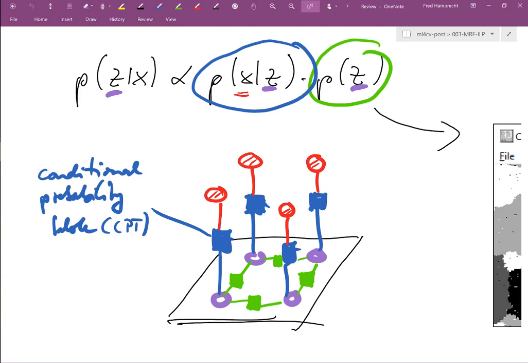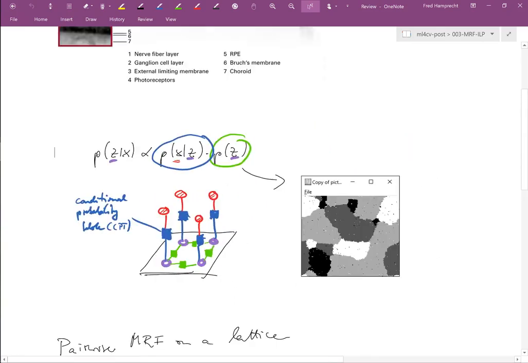And then the prior, we have been discussing smoothness priors, is here shown in terms of these green pairwise factors. This MRF is for 4 pixels, so usually you have this 1 million pixels with 1 million nodes. But this is a very typical structure for Markov random field that has been used abundantly in computer vision.